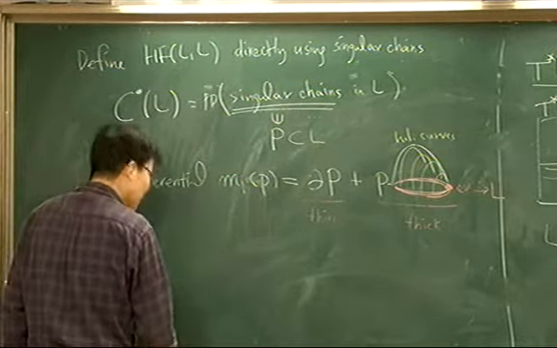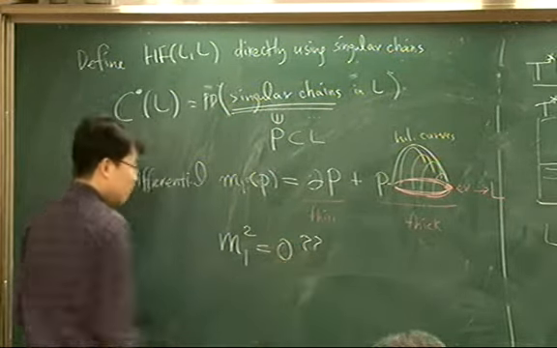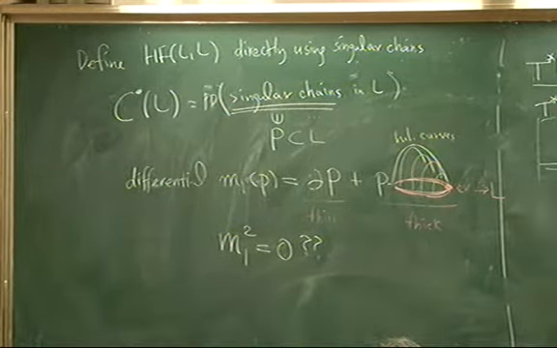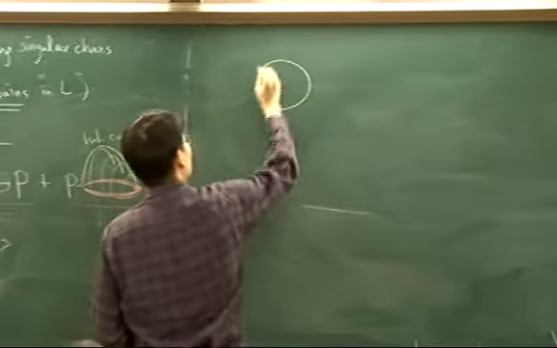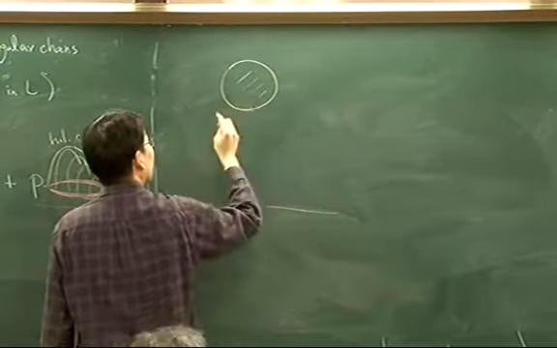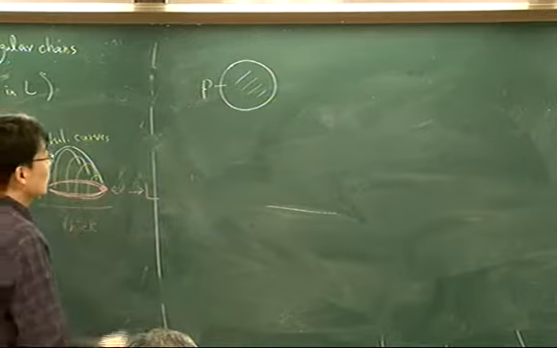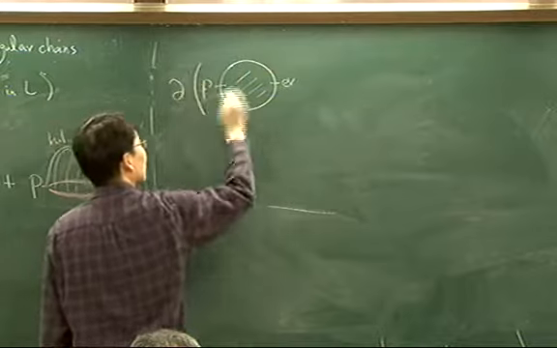And okay, of course, now one wants to prove that m1 squared is 0. But we have already seen that this is not so easy. So let's see what happens. Consider this moduli space, and you take the boundary of this.